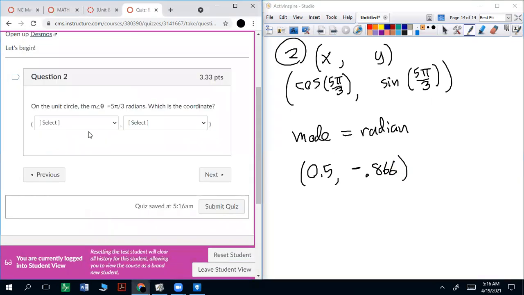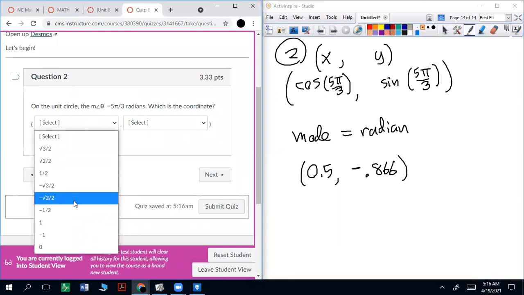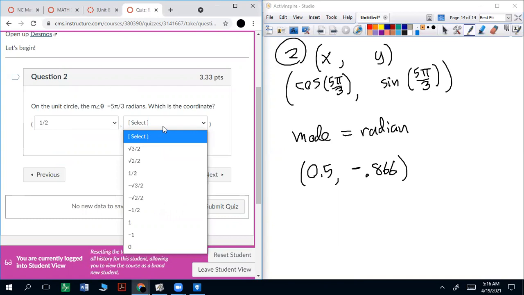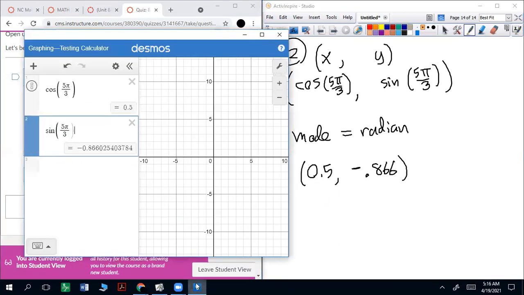Now the 0.5 is easy. That's 1/2. But the negative 0.866, well, we know it's negative, and it's going to be one of these two, right? So if you don't memorize it, you can type that in the calculator. So if you do negative SQRT of 3, hit the right arrow, divided by 2, you can see that's going to give you the same thing.